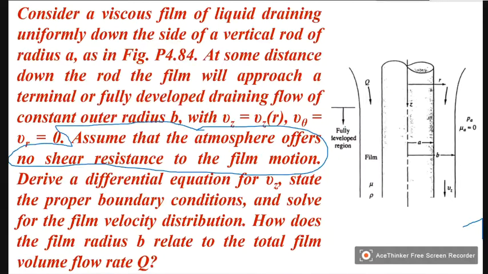So one boundary condition you have written at r is equal to a. Which is the next point to be considered? B, sir.